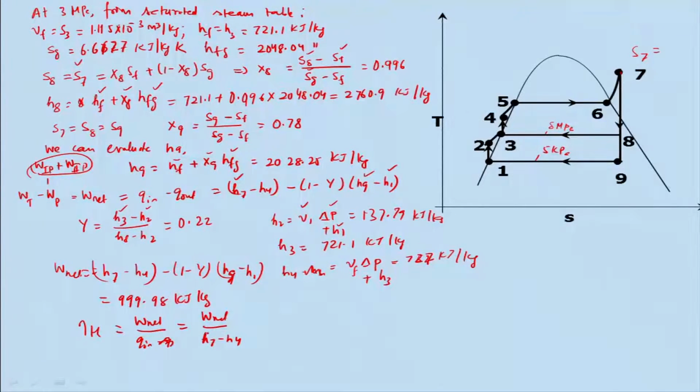So, if you substitute these values, because this is known, this is known, you will find out that this will be something 0.4041, something 40.41 percentage, right.